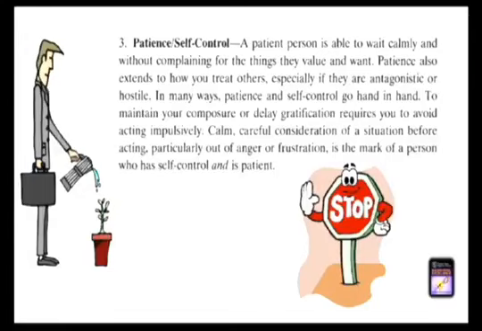Calm, careful consideration of a situation before acting, particularly out of anger or frustration, is the mark of a person who has self-control and is patient. So you can't tell me that you have self-control and you're patient if you're angry that you're not getting something right now that you think you deserve, you desire, or you think, hey, I got it coming.